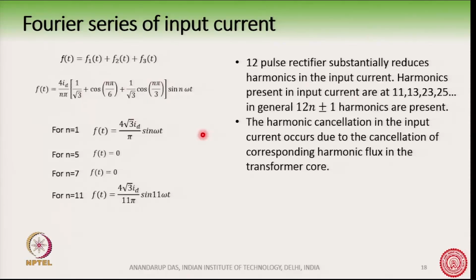And not only 5 and 7, but any 6n plus minus 1, where n is an integer, will give the value of f(t) to be 0. You can put it and check it. So, we see that for any 6n plus minus 1 harmonics, the input current cannot have any such harmonics.